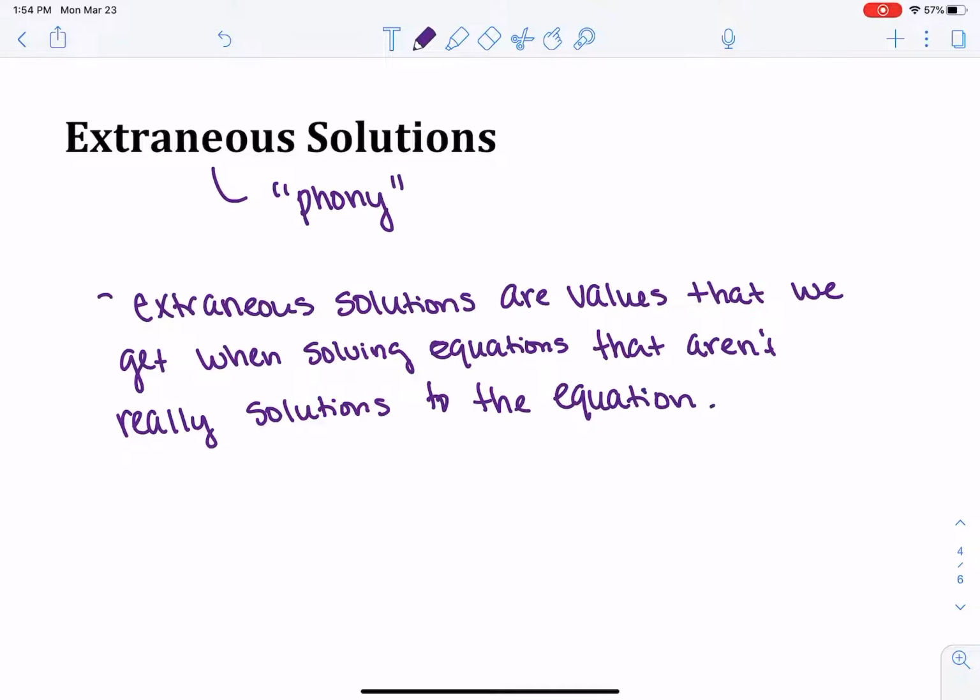So you guys have probably been wondering, well, why are we checking each time? It's been working. Well, that's because with radical equations, we can get a solution that's extraneous or phony. So that's why it's important to check.